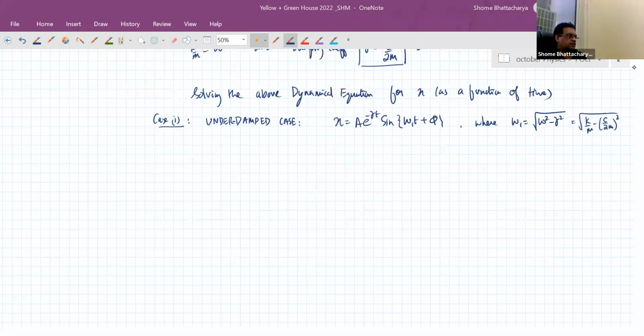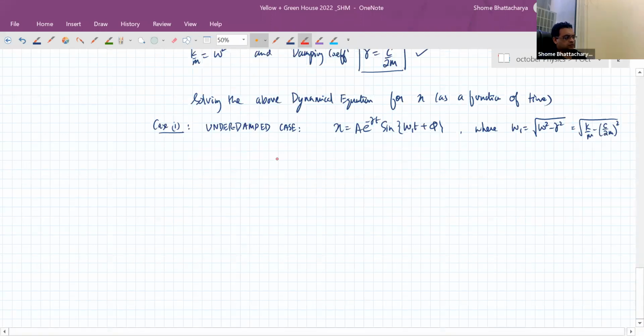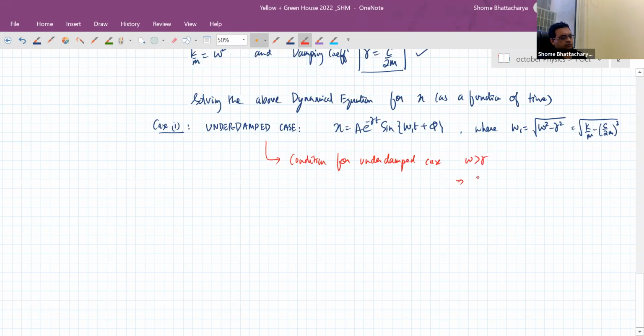So here the condition for this underdamped case is that, then omega 1 becomes a real value.